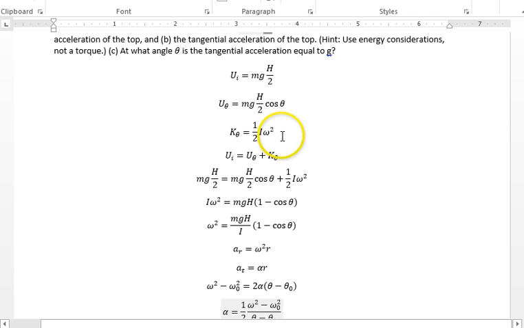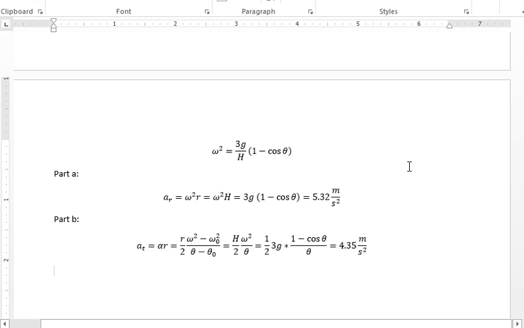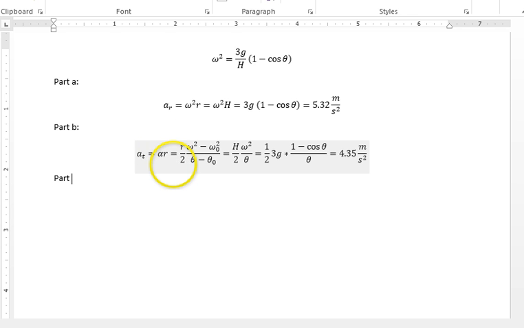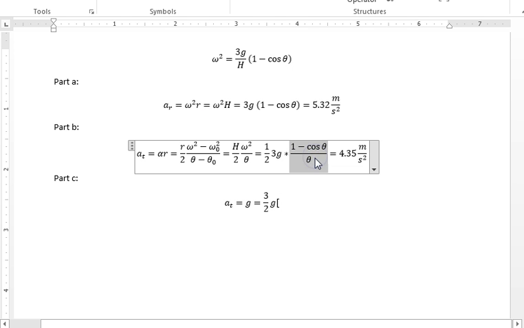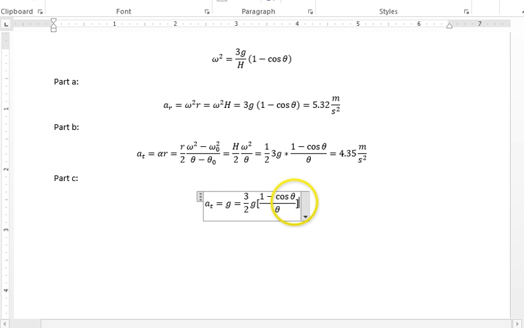All right, part C. At what angle theta is tangential acceleration equal to g? We want a_t equal to g. Well, a_t is 3/2 g times this stuff. So we want a_t equal to g, and the question is, when does that work out?